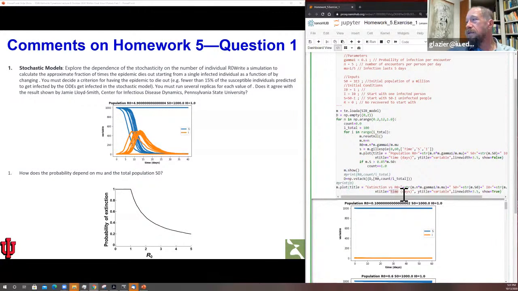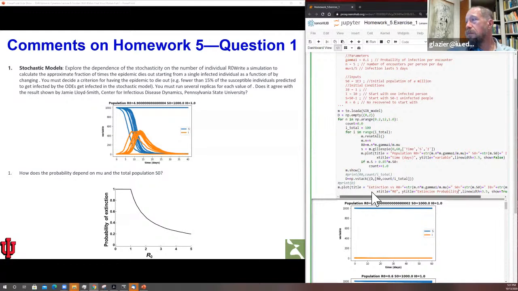Here, the x-axis is R naught. The y-axis is extinction probability. And I need to plot, this is wrong, not m dot plot. I need t dot plot array, and I need to plot d.